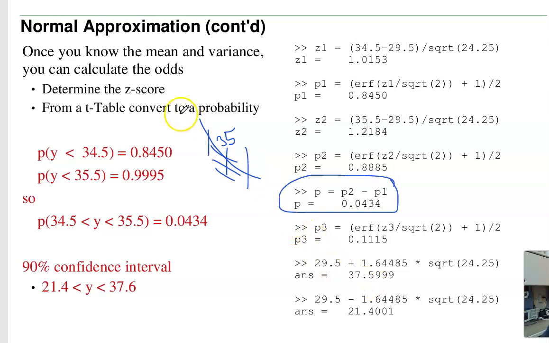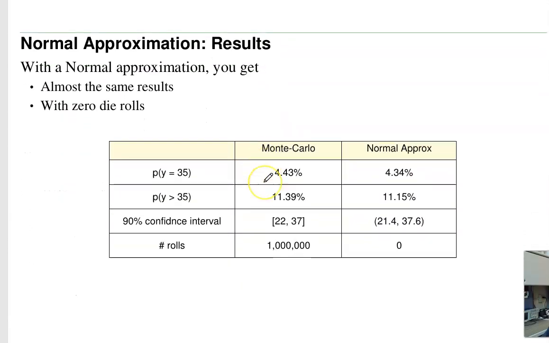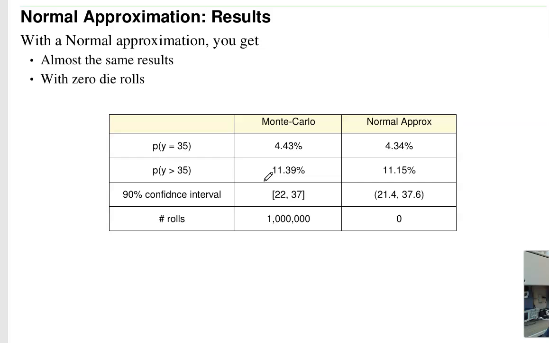The problem with the normal distribution is I need to know the mean and I need to know the variance. But if I know that, I can get the same results I got before, and here I just calculate it. I don't have to actually roll the dice. If each experiment costs money, this is free. And the results are pretty much the same. Monte Carlo is 4.43%, normal approximation 4.34.